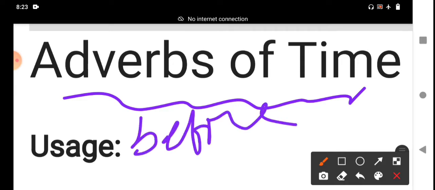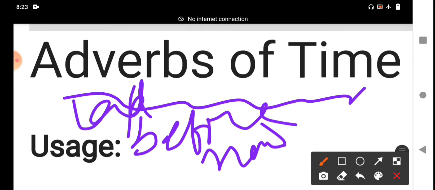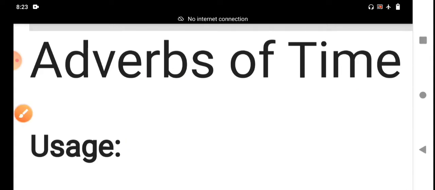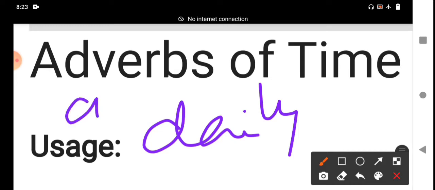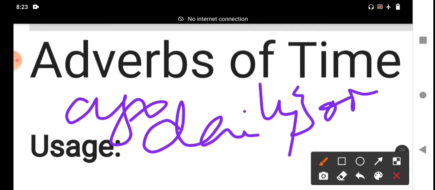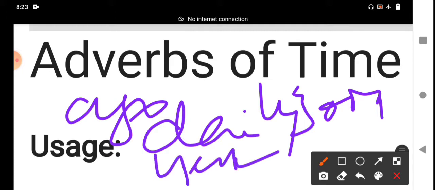These are generally the adverbs of time. The vocabulary is: before, now, lately, already, daily, formerly, ago, soon, yesterday, never, tomorrow.